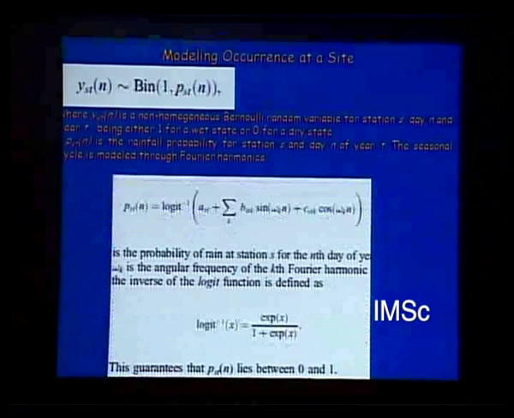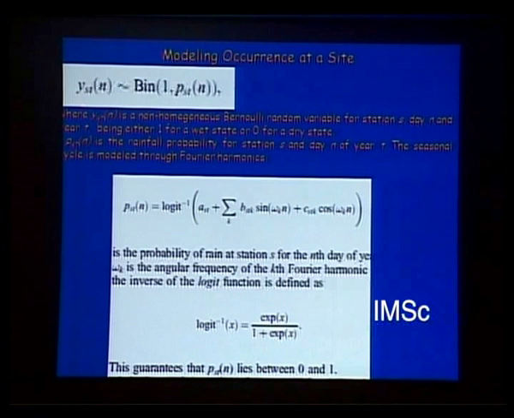Just to keep the notation straight, S is the space, so locations, and T is the time, the day of the year. And the parameter, in this case the logit function, has to vary with seasonality, right?